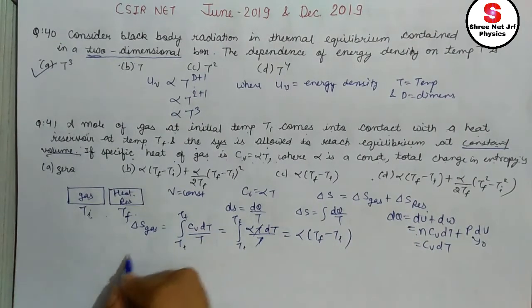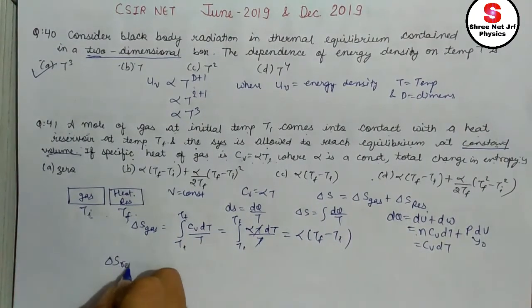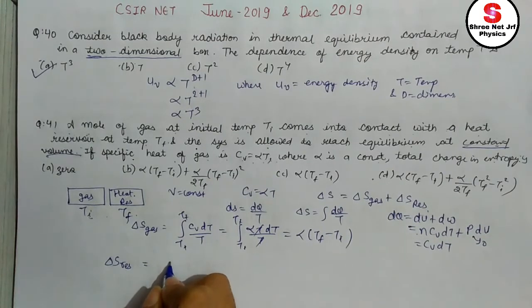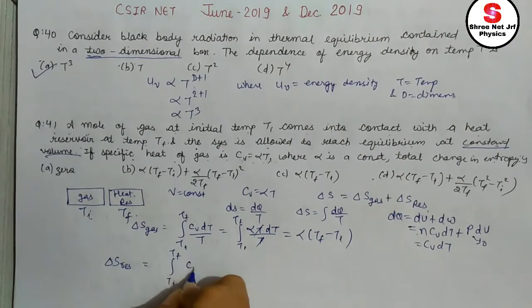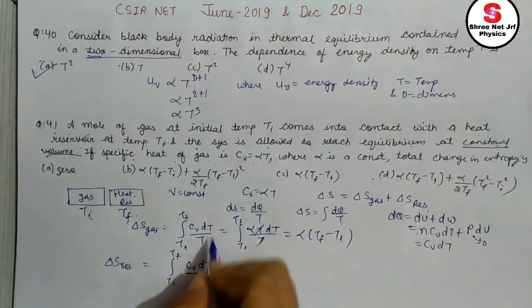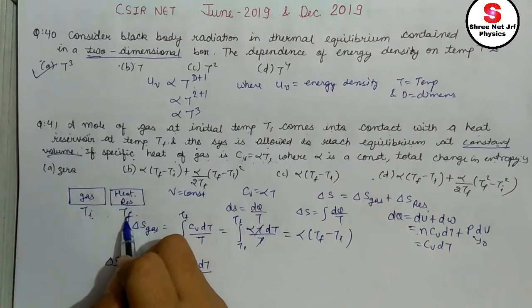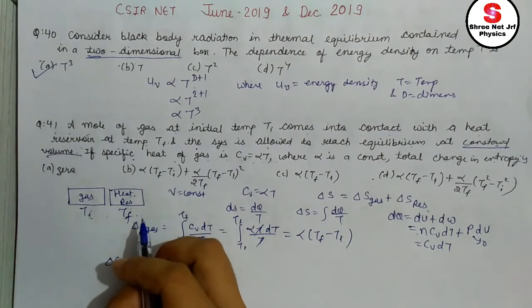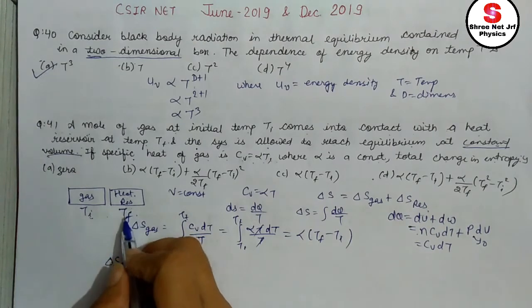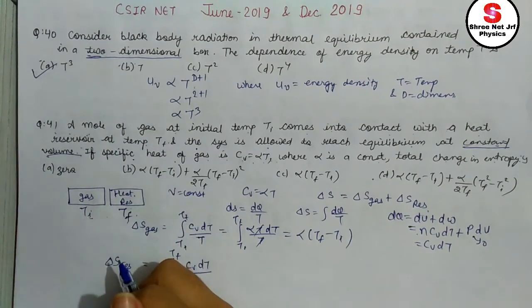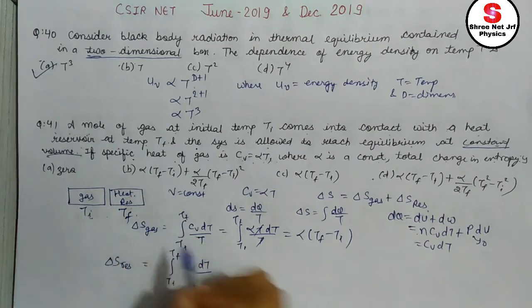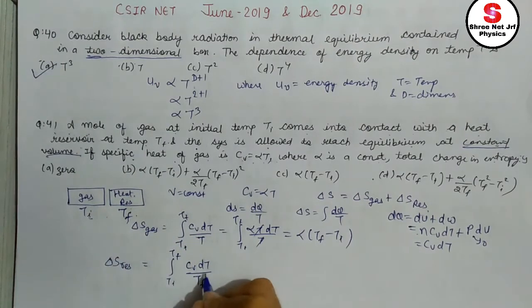That is for the gas. Okay, for the reservoir it is given by the integral from Ti to Tf of Cv dT divided by T. What is T here? Now T is constant, because we know the heat reservoir has infinite heat capacity, that means its temperature does not change even after rejecting some amount of heat. Okay, so Tf is constant, so the temperature here is Tf.